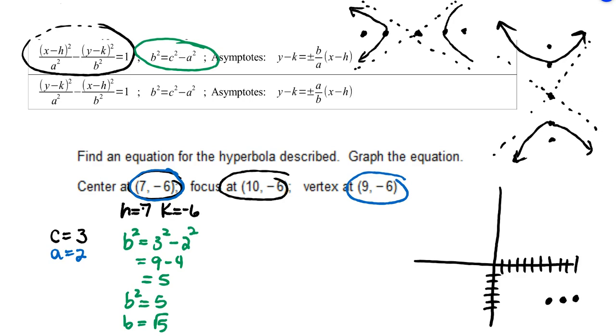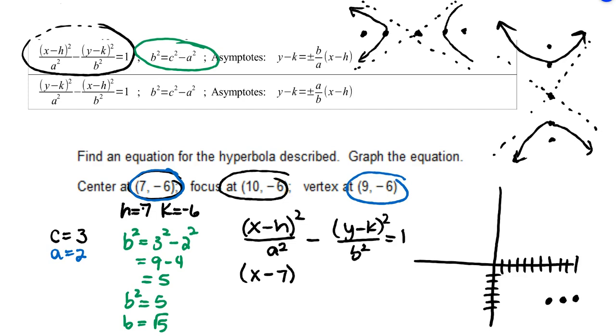So now we have the values of h, k, a, and b, and we'll be able to fill in the template of our equation. (x minus h) squared over a squared minus (y minus k) squared over b squared equals 1. So that's (x minus 7) squared over 2 squared minus (y minus -6) squared over the square root of 5 squared equals 1.